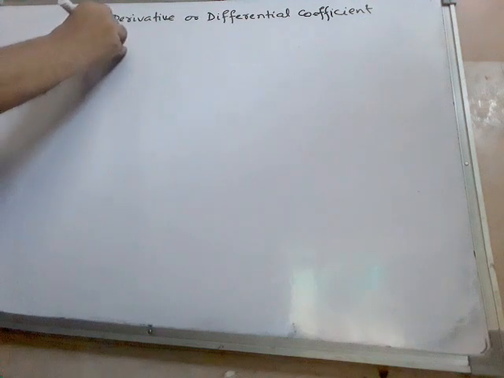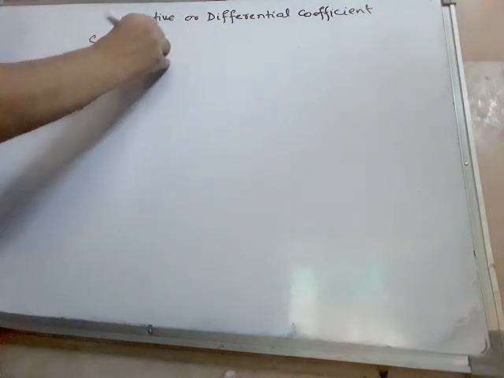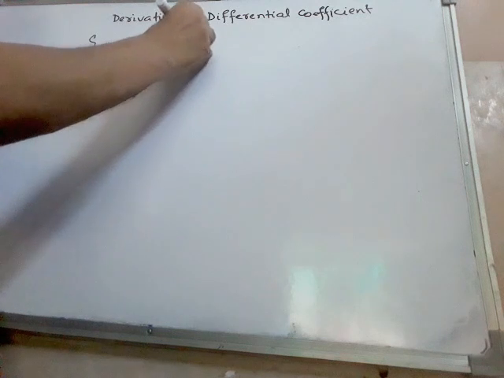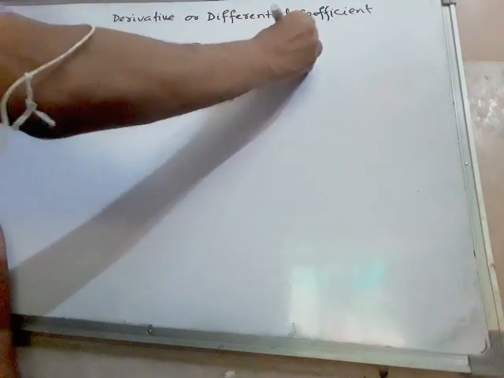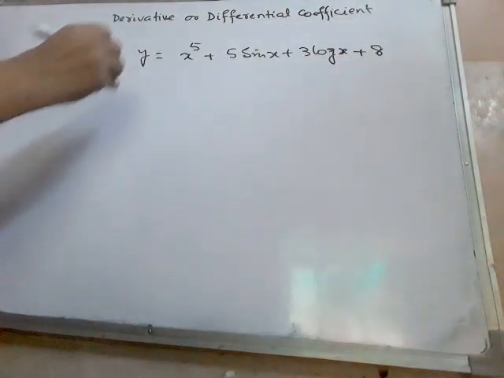Example: say y equal to x to the power 5 plus 5 sin x plus 3 log x plus 8. Find dy by dx.